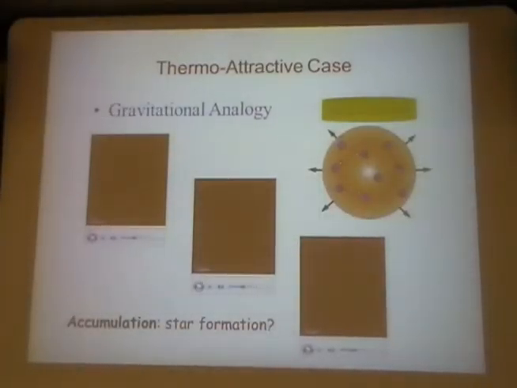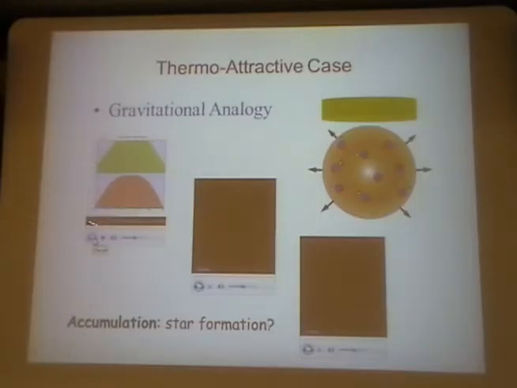If you go to the attractive case, it's similar to gravitational systems. It generates a buildup of temperature in the center, and they also form a sort of gas with a characteristic size, and that almost looks like a star, if you're interested in pushing this gravitational analogy farther, in line with the previous talk that we had.